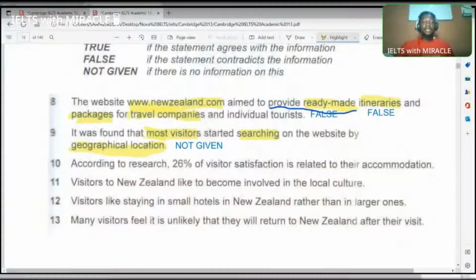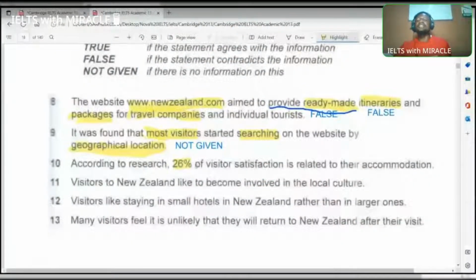Sincerely, even if this is all you are able to understand today, this difference, I will be glad. Right? I'll be really glad. All right, let's look at number 10. Number 10, according to research, 26%, oh, very easy. Like I told you, numbers like this serve as keywords, right?